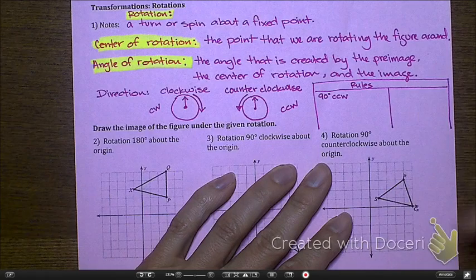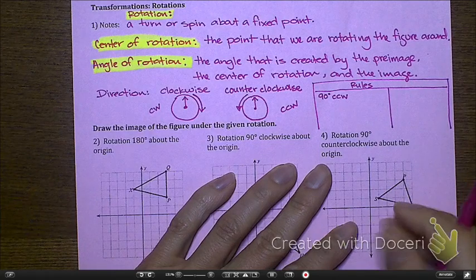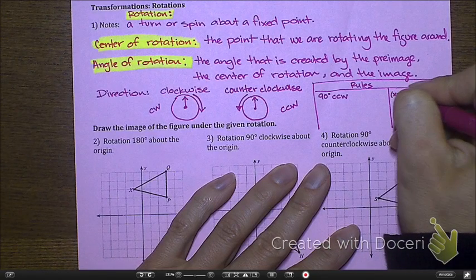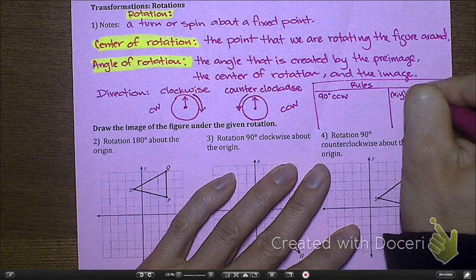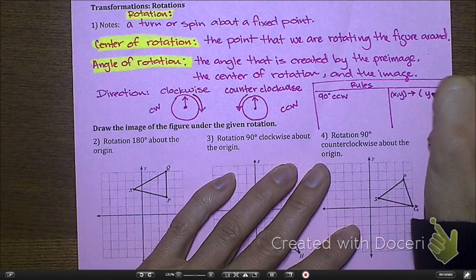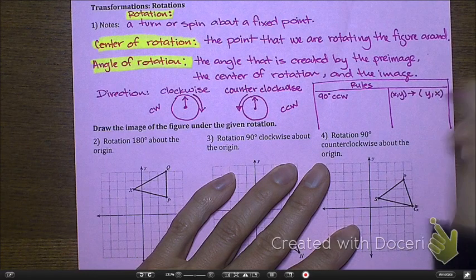Okay, so 90 degrees counterclockwise. The rule for this rotation is the original X and Y are going to switch positions and the Y becomes negative.